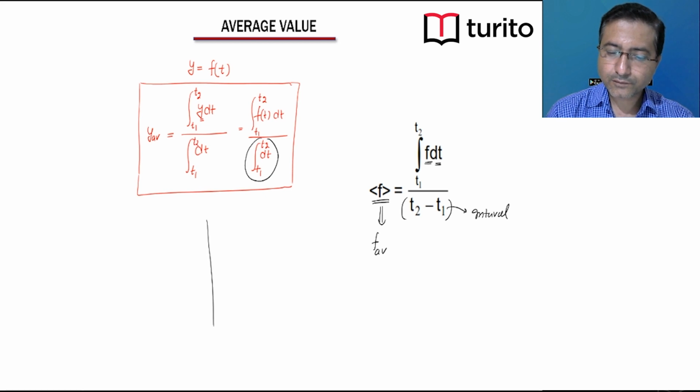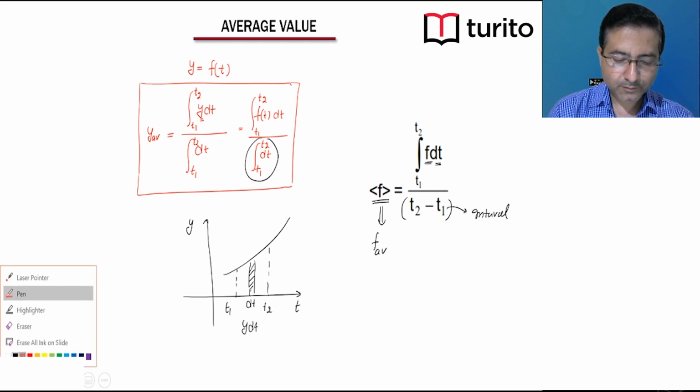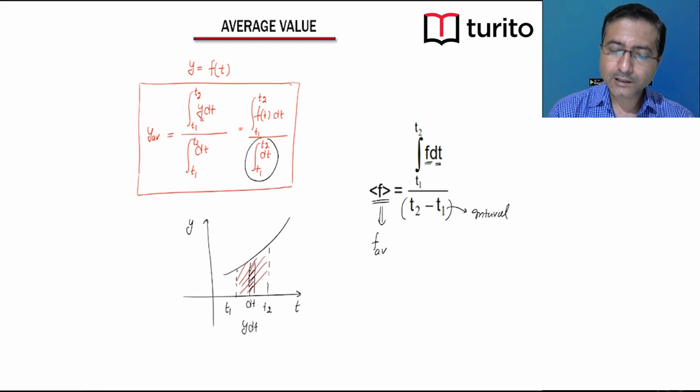If we have y and this is time, and this is the variation, then y dt will give you the area of this strip, and if I integrate from t1 to t2, that means I am calculating this area. So this is another way I can write the average value.